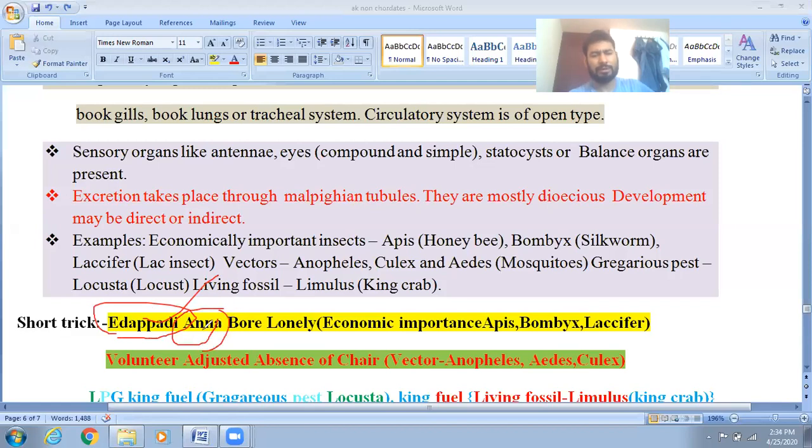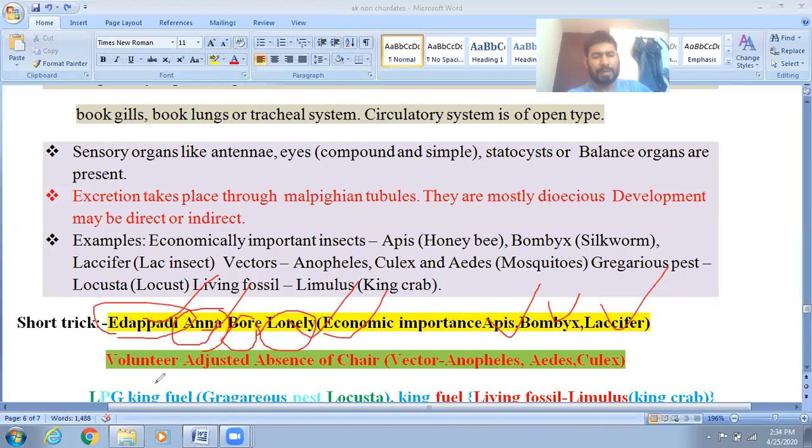Anna is brother in Tamil. Bore is the feeling, and lonely means individually. Edappadi means economic importance, Anna means Apis, Bore stands for Bombyx, and Laccifer means lonely.